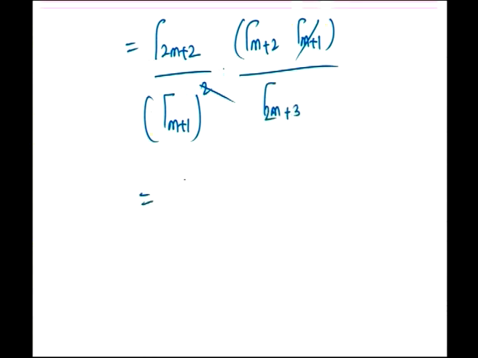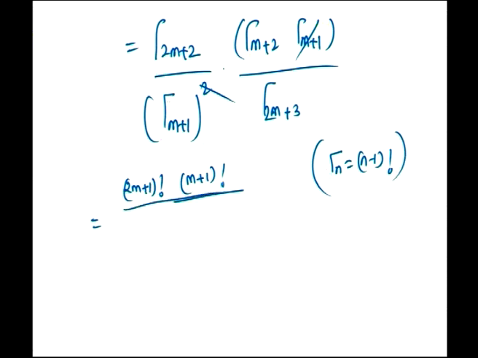Gamma 2m plus 2 is written as 2m plus 1 factorial. Actually, gamma n is n minus 1 factorial. Okay. So, gamma m plus 2 is m plus 1 factorial and gamma m plus 1 is m factorial. Gamma 2m plus 3 is 2m plus 2 factorial. Okay.